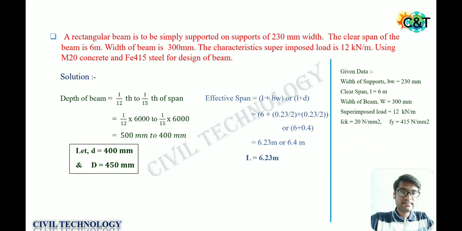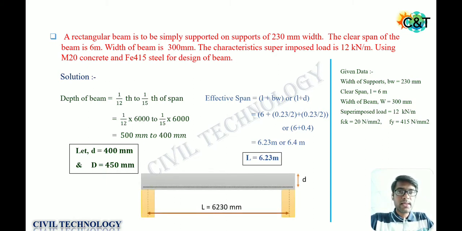So these are our first two steps, depth of beam and effective span, very important for the calculations. If we look at it diagrammatically, it looks this way. This is our effective depth, that is from the center of the first bar at the bottom of the beam to the top of the beam.